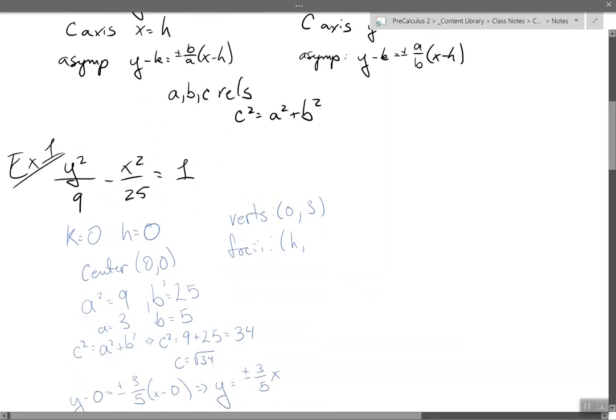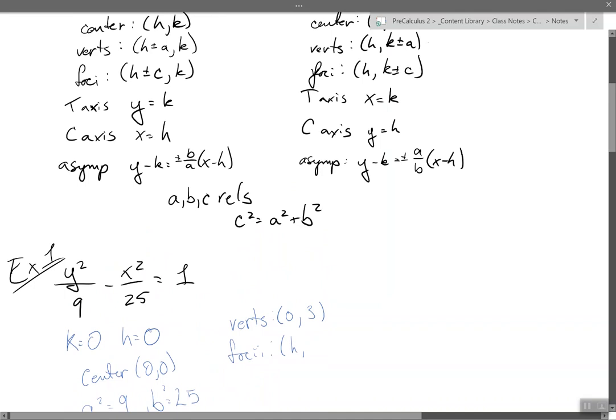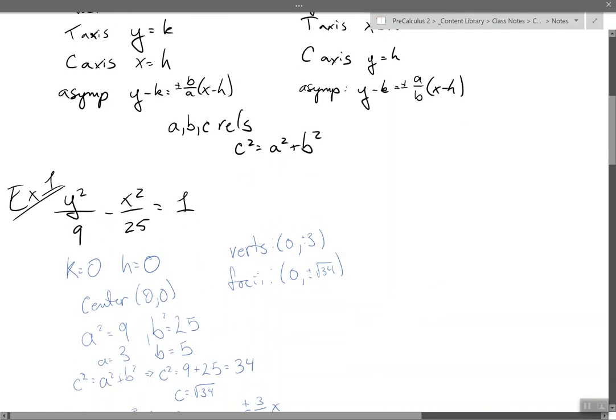C is the square root of 34. So the foci are, h is 0, 0 and then plus or minus the square root of 34. All right, the t-axis is x equals 0, and the c-axis is y equals 0.